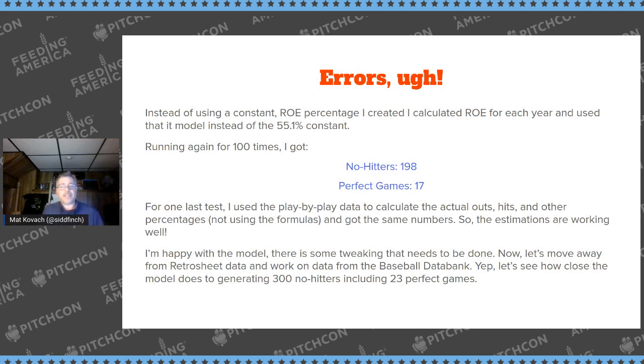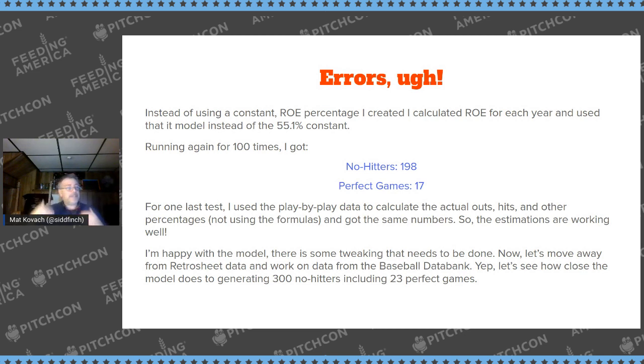We had 198 no-hitters with 17 perfect games, which is really close to the actual numbers. Then I decided, since I have the play-by-play data, I don't have to calculate percentages. I can figure out how many batters they faced, how many outs they had on the batter, how many hits they gave up, and how many of the others.